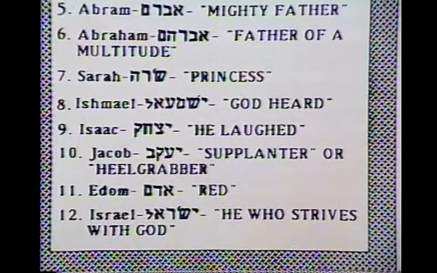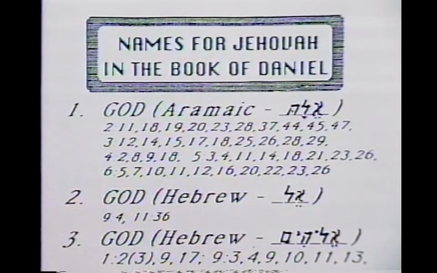Or you can do another sort of a breakdown. Let's go to another chart and look at how we can take, for example, the book of Daniel, the various names for Jehovah. Now, there are large sections of Aramaic in the book of Daniel, but nevertheless, we can do some pretty good study by looking at the recurring words. And in this particular book, notice how the book of Daniel exalts God. For example, we have the Aramaic Elah, and then, of course, the Hebrew word for God, which we've learned, El, and then the name Elohim, which we're going to look at in just a minute in Brown Driver Briggs.